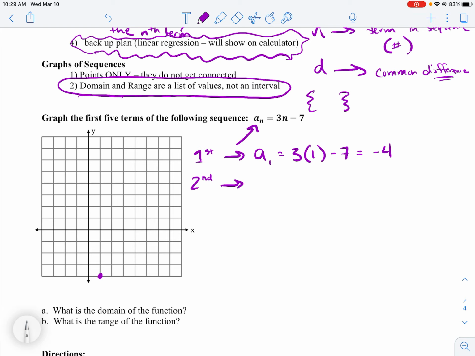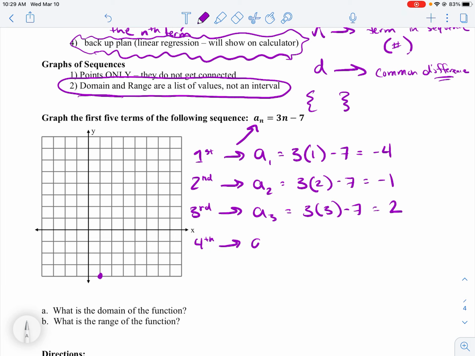Our second term, or a sub 2, plug a 2 in there, and end up getting a -1. Third term, we're going to get a +2.